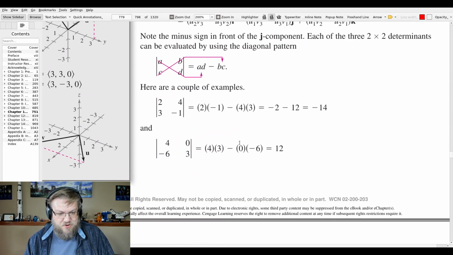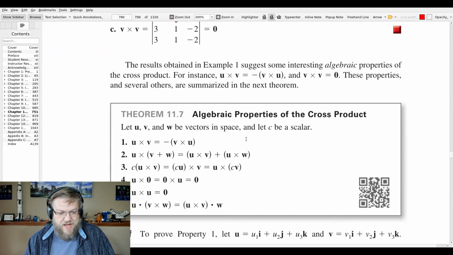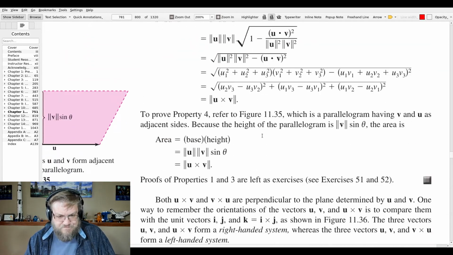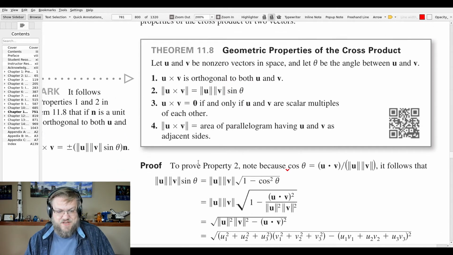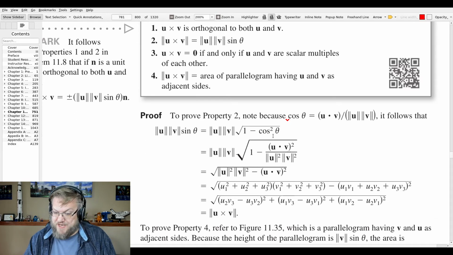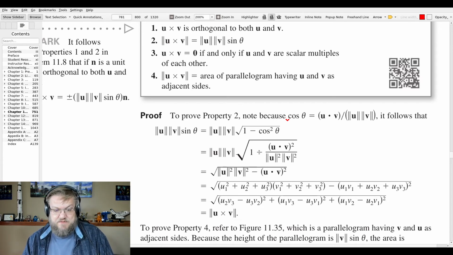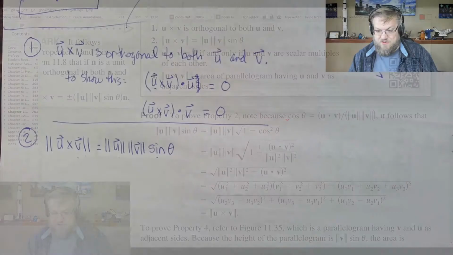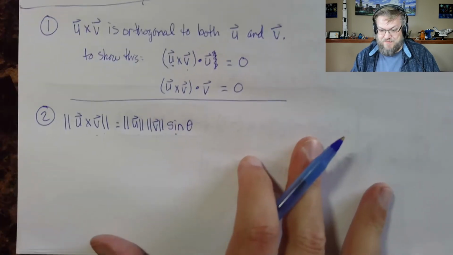Okay, very cool. So with that being said, we get that first result: the magnitude of u cross v is equal to the magnitude of u times the magnitude of v times sine of theta. It's a little bit of a trig trick, and that's how they end up getting that, okay?